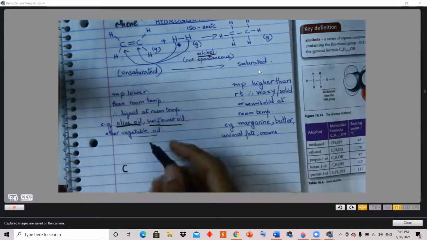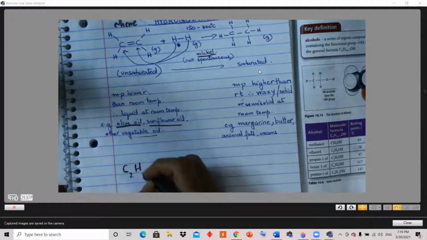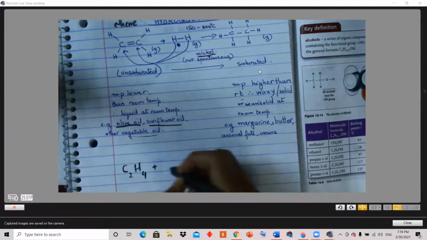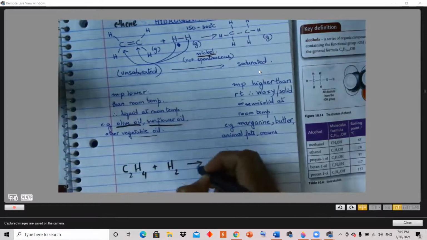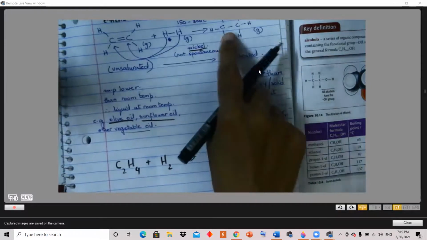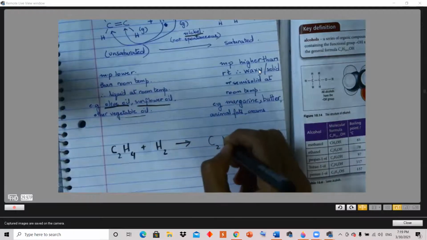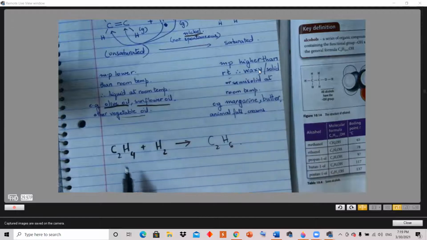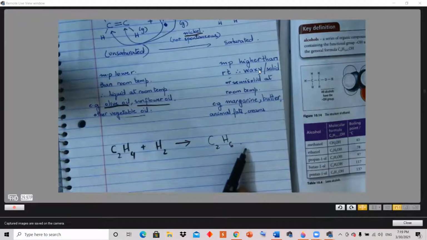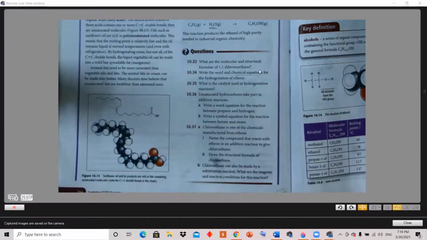So we have C2H4 plus hydrogen giving C2H6, and then make sure that you are balanced, 2 carbon, 2 carbon, 6 hydrogen, 6 hydrogen. So this is the chemical equation for the hydrogenation of ethene.